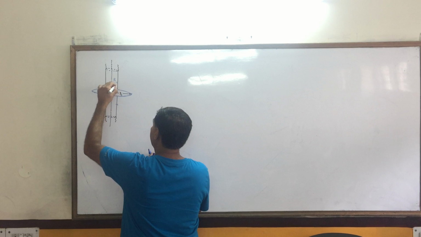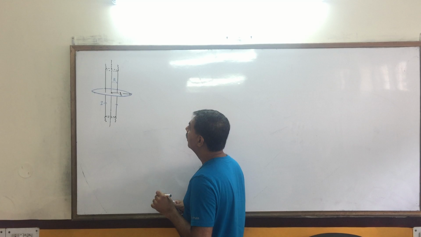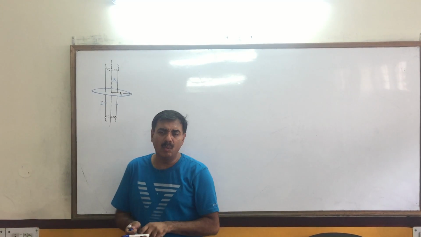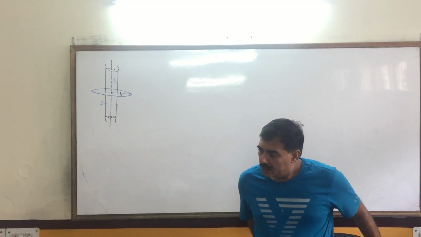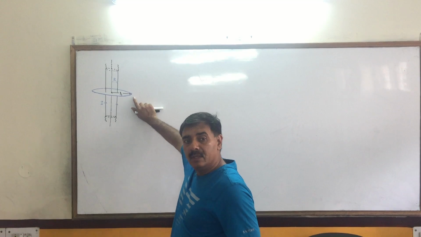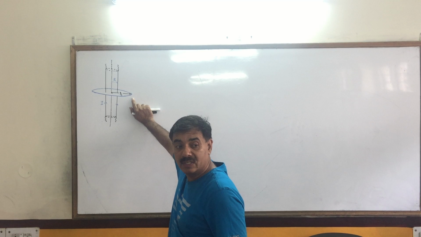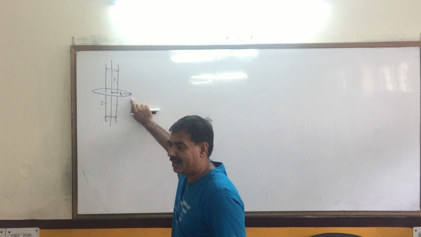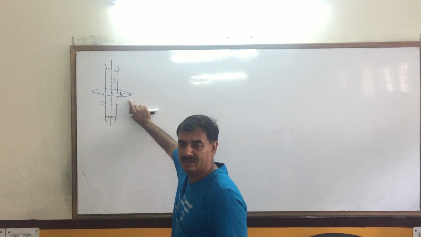At whatever distance we have to find the field, assume a closed path of that radius with the cylindrical wire as its axis. First of all, we determine the line integral of the magnetic field.